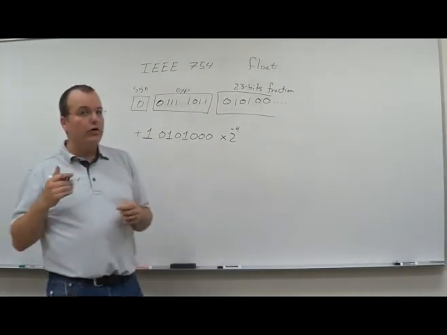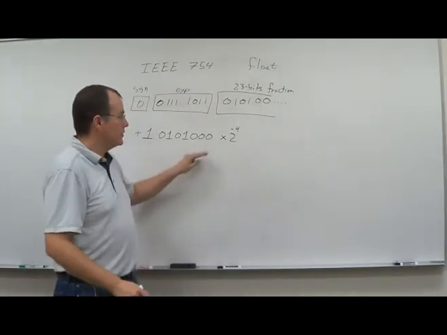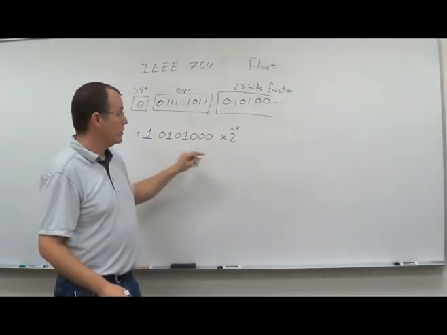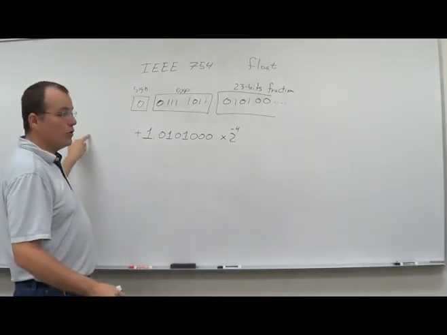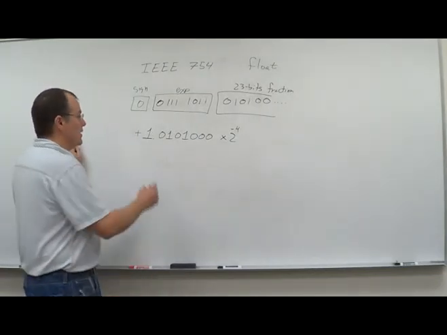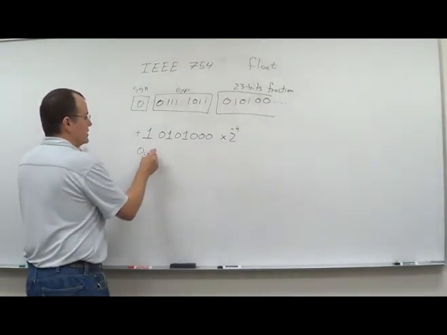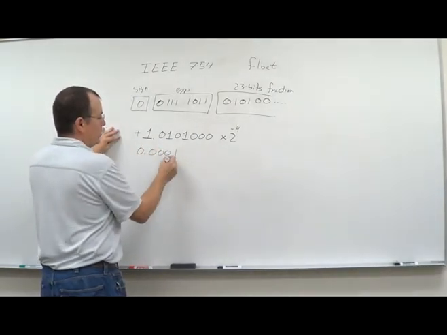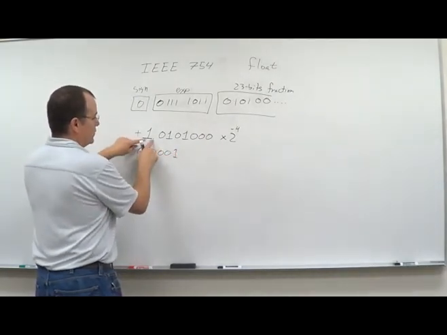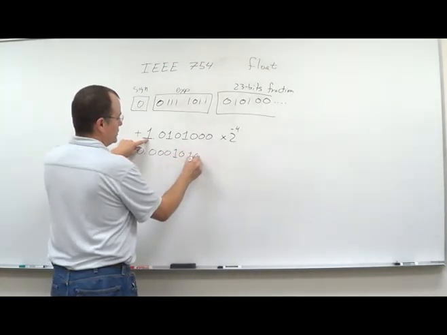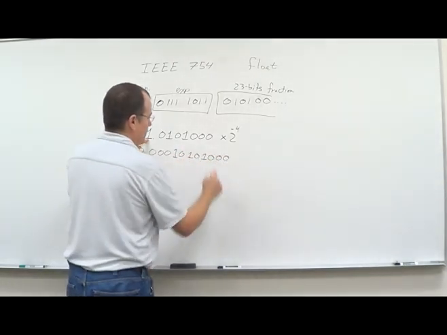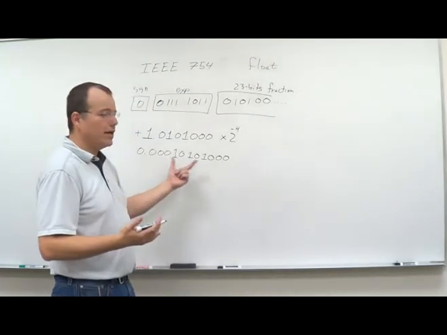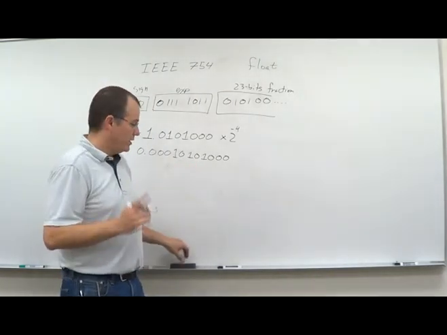So from our scientific notation, we could get rid of this times 2 to the minus 4, and move our binary point over here to the left. What we would end up with is 0.000, the 3 places, the 1, which is this one, 0, 1, 0, 1, 0, 0, 0, and I don't need the times 2 anymore, but this is kind of awkward to work with.